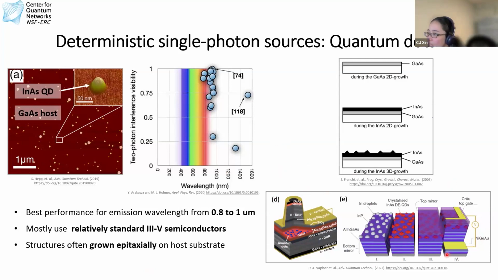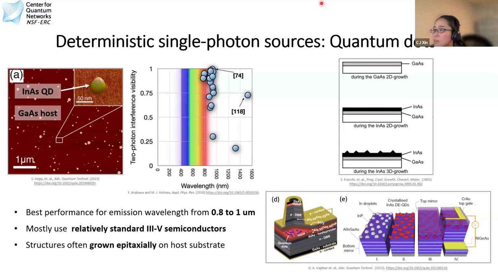But on the right-hand side, you have a different way of growing these quantum dots. I didn't put in a name here, but you can see this thing called DE QD. That DE stands for droplet epitaxy.